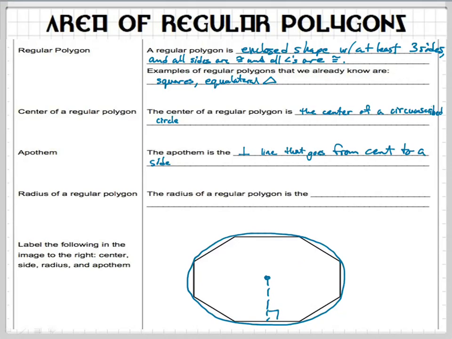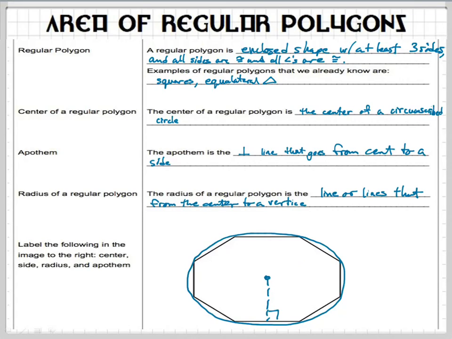Okay, and finally, the radius is the line or lines that go from the center to a vertex. A vertex is the corner.